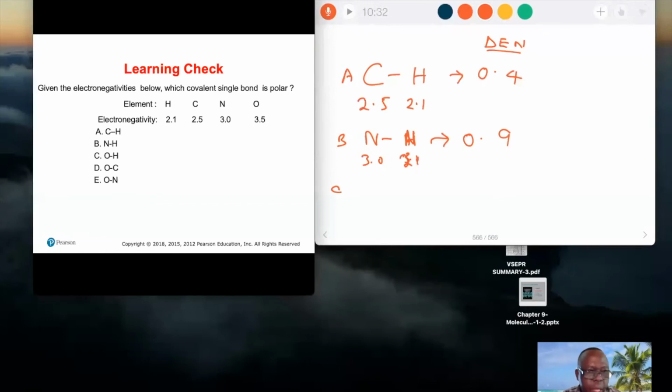C is OH, and hydrogen is 2.1, oxygen is 3.5, so 1.4.